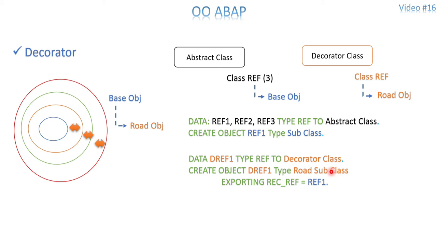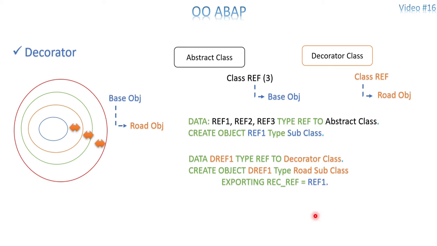So there are two steps involved. So far we didn't do much work on creating an object, just create object dot. Now we are saying while creating an object, do the second step also. Keep one of the reference variables or one of the object informations in your class variable.